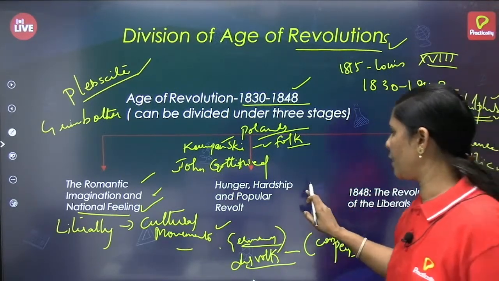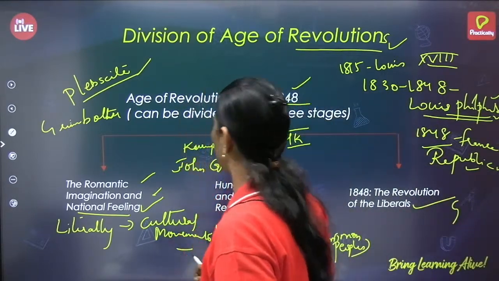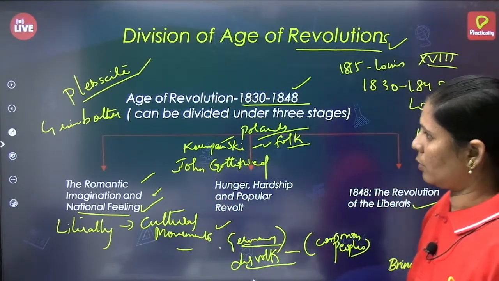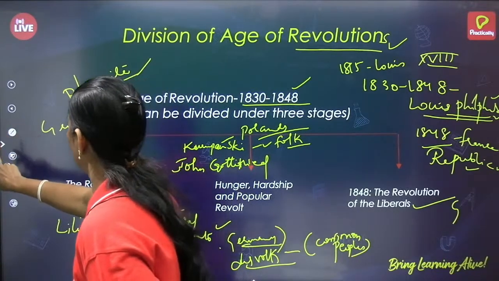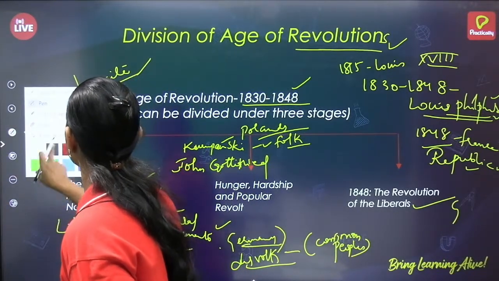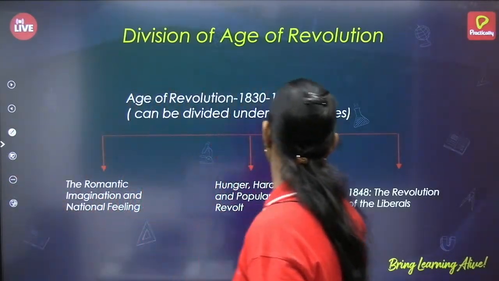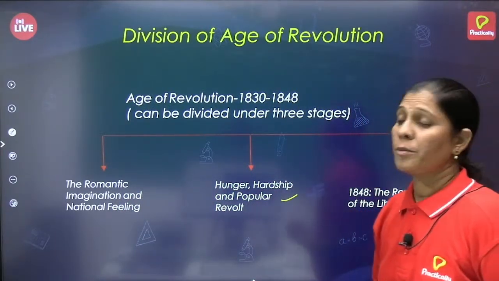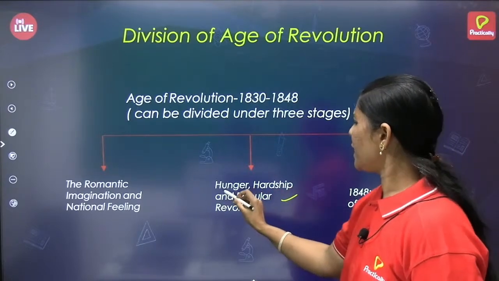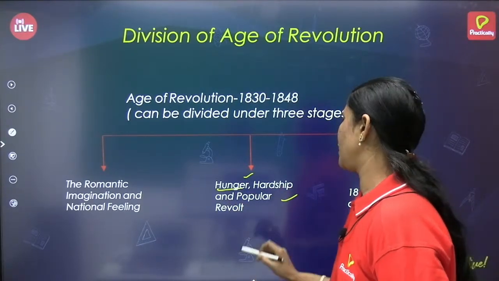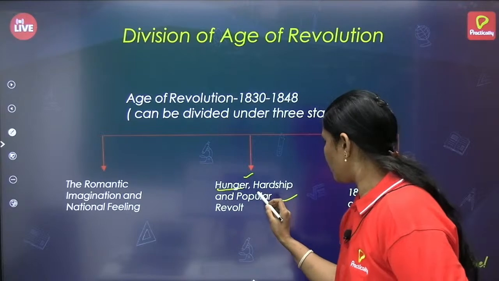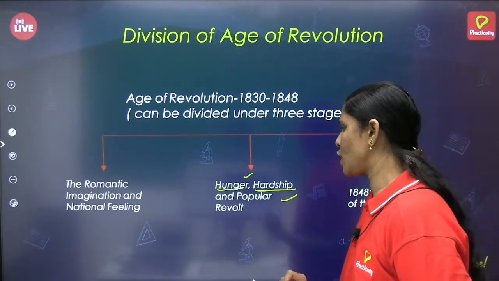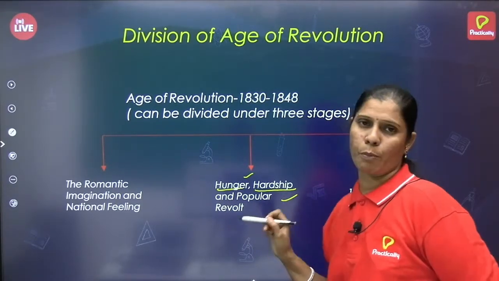Coming to hunger and hardship. The second concept is hunger, hardship and popular revolt. Where there is hunger among the people, when they are struggling with hardship, definitely people will revolt.